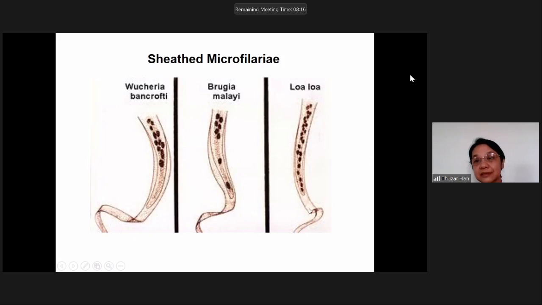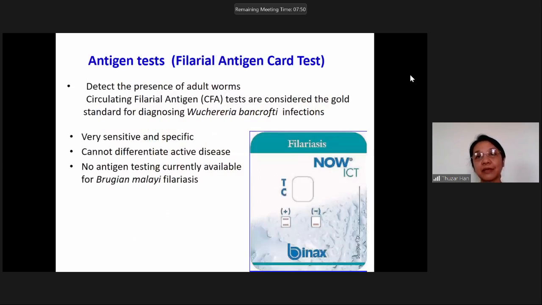This is the sheath, and this is the tail end of the microfilaria, the body and tail. If the nuclei extend until the end, that is Loa. So by looking at the position of the somatic nuclei, you can diagnose blood microfilaria. Okay, so that is about diagnosis.